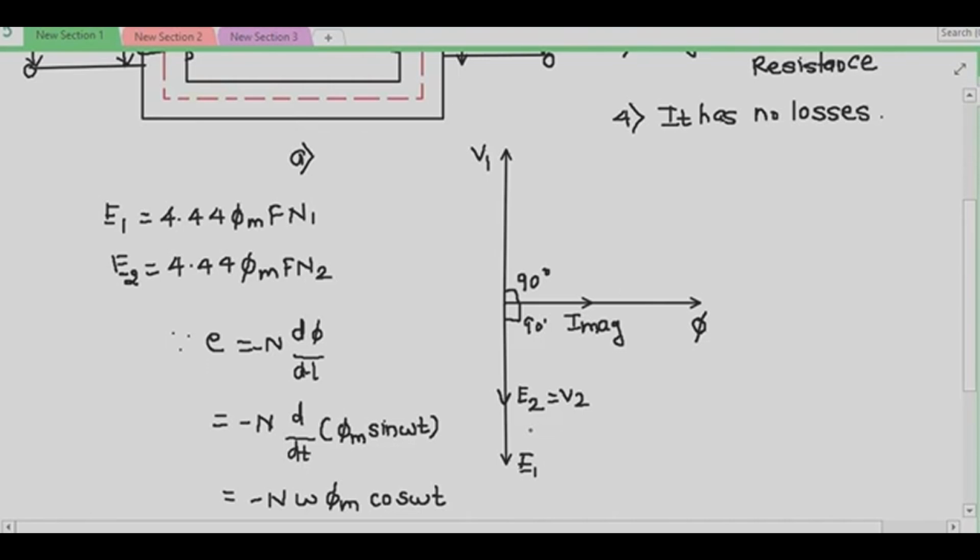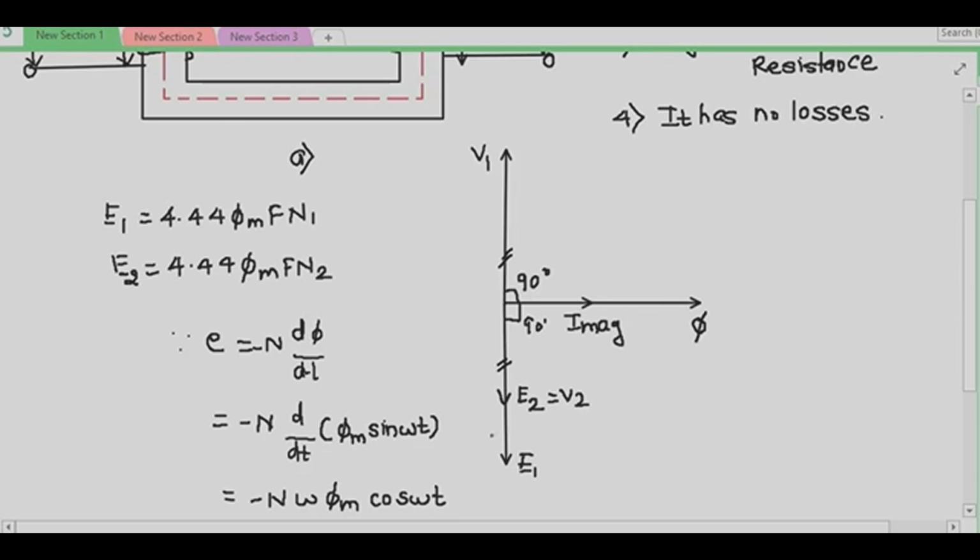Also there is a negligible voltage drop in the primary winding, so the primary voltage V1 is equal and opposite in phase to the EMF E1 induced in the primary winding. That's why V1 and E1 are approximately equal, but opposing each other in accordance with Lenz's law.